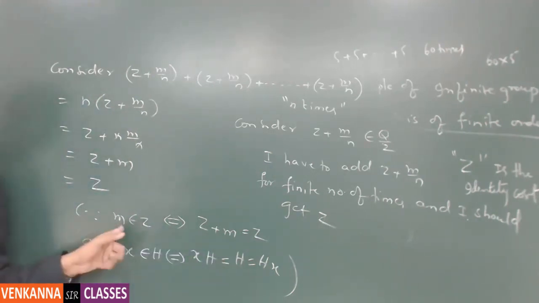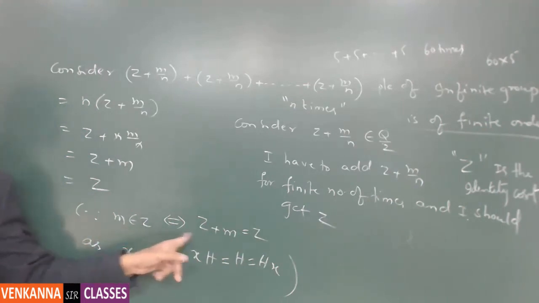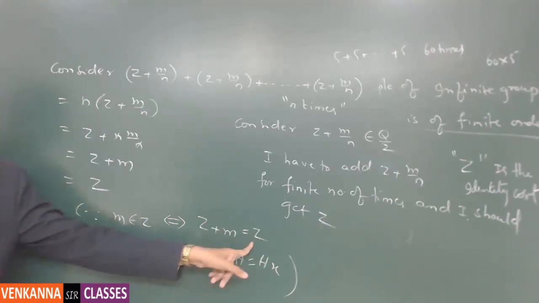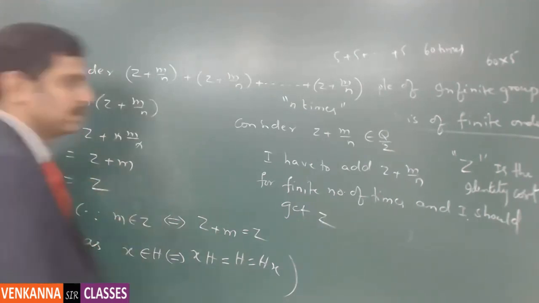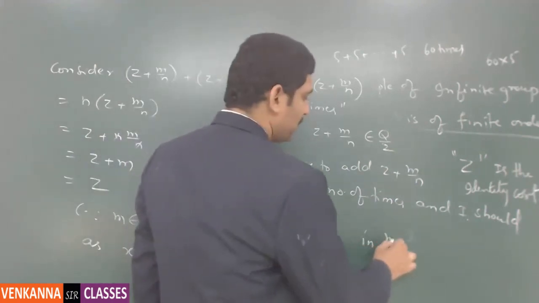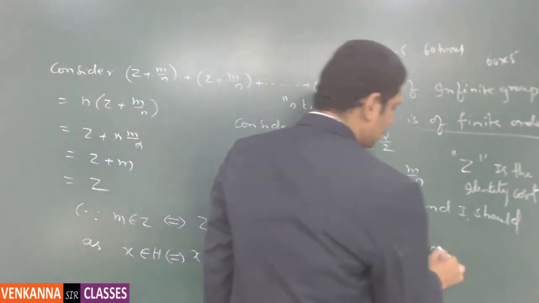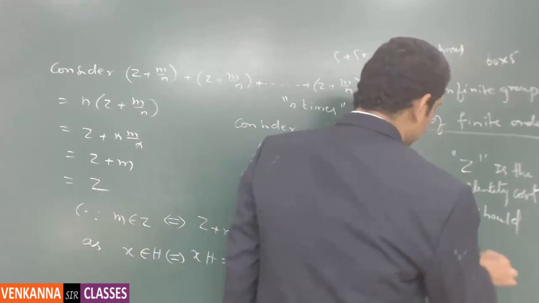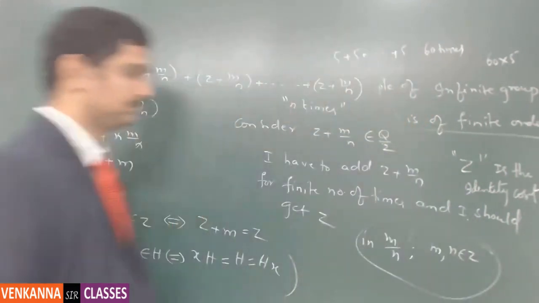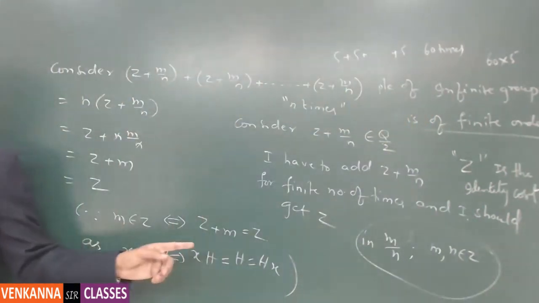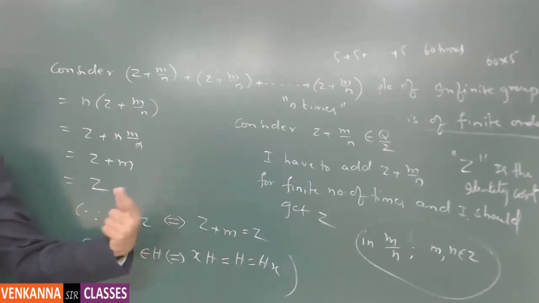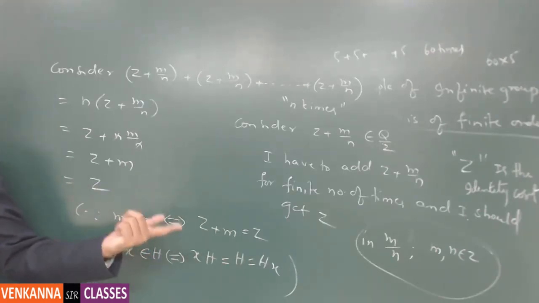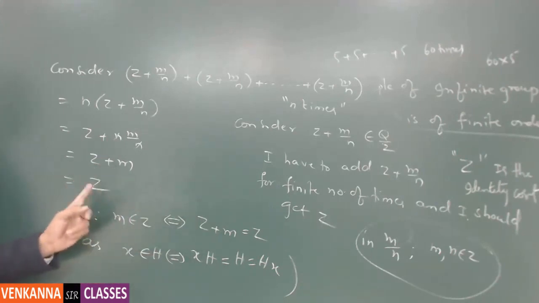So as per that, m belongs to Z if and only if Z plus m is equal to Z. So Z plus m is nothing but Z here. Because in m by n, m comma n belongs to Z. So whenever you write a rational number, the numerator and denominator are nothing but integers. So from the data, it comes like this.